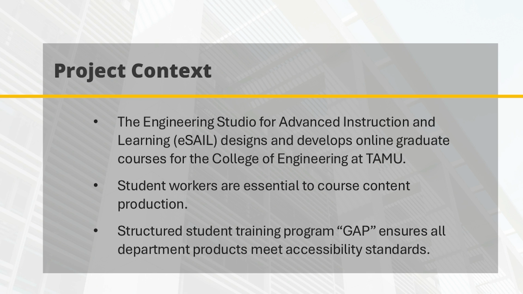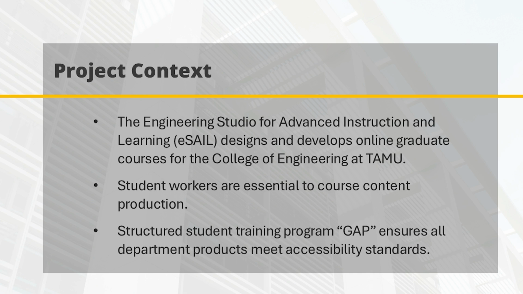An important goal for us was to ensure that we had consistent training that ensured that every cohort of student workers that came in was getting the same level of training and that there were no areas that were being neglected. And this also would ensure that our department products meet our quality standards and accessibility standards and helps us all stay aligned.